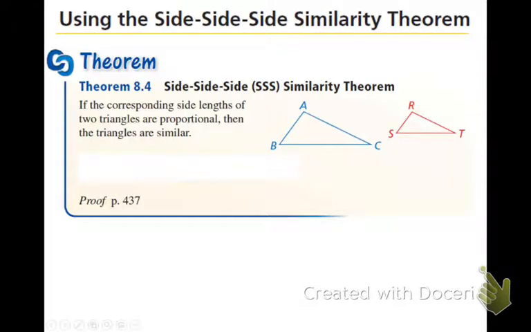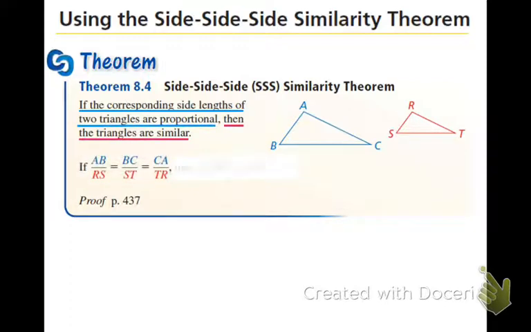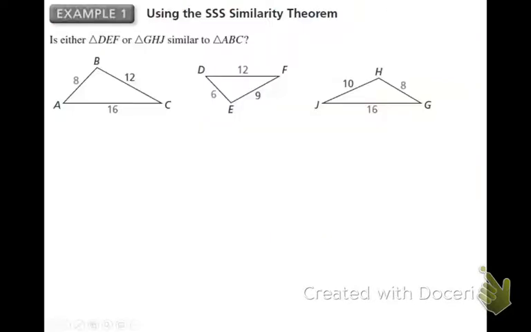All right, so we're talking about the sides. This is not on your paper because this is not new information. If the corresponding side lengths of two triangles are proportional, then the triangles are similar. That's not new information. That applies to all of them. So here's what you're going to be doing.